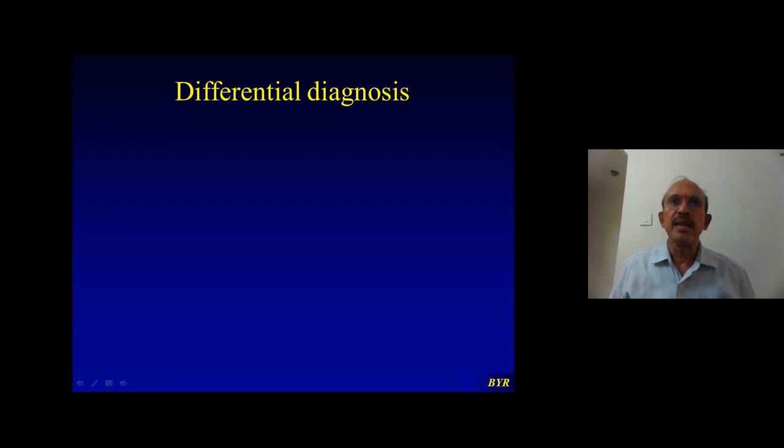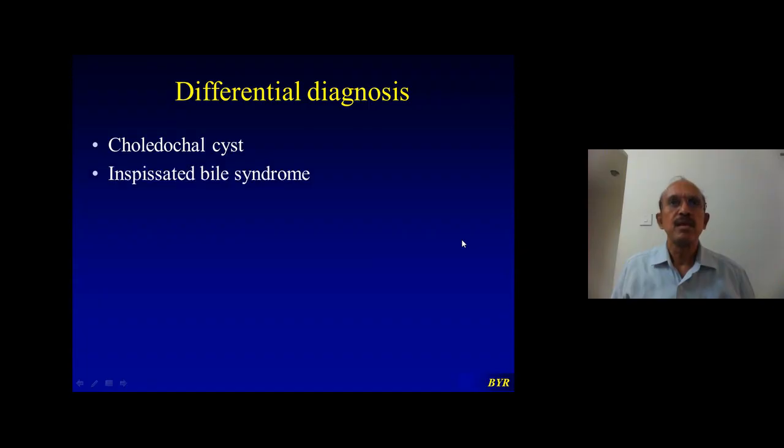The differential diagnosis is choledochal cyst. Whenever a newborn child presents to you with obstructive jaundice features, we will do biochemical investigations. Then we will do the ultrasound examination. Ultrasound will show the dilated bile ducts.